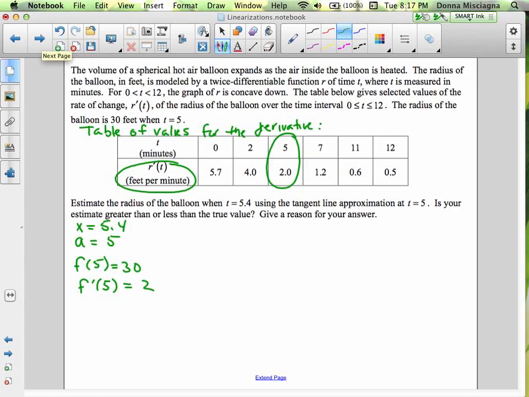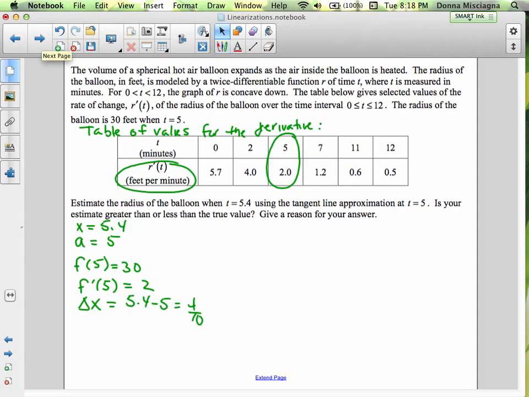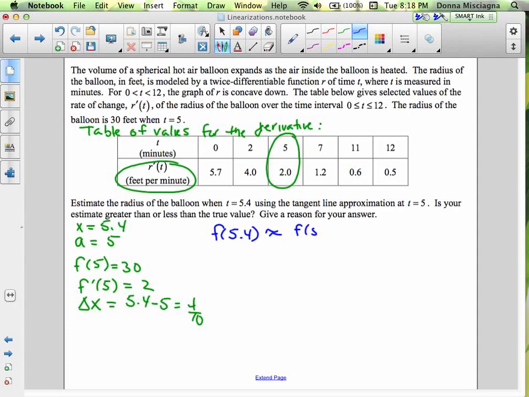So we have really everything we need except for change in x. Change in x is just going to be 5.4 minus 5. Now we can calculate this out, no problem. It will be approximately f of 5 plus f prime of 5 times the change in x. So that would be 30 plus 2 times 4/10.